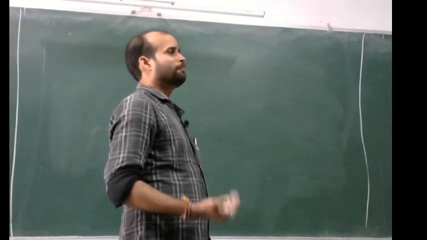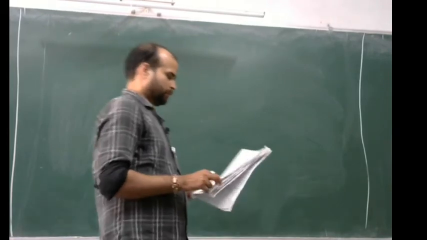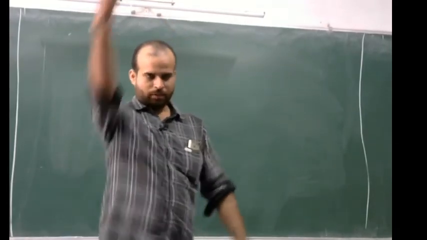Process planning is the systematic determination of the method by which a product is to be manufactured economically and competitively. Okay, now we are going to see methods of process planning.